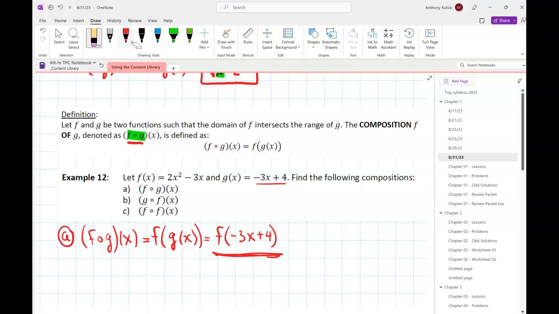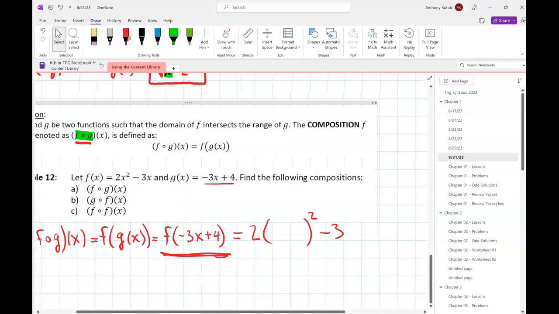So here we're going to replace all the x's with negative 3x plus 4. Exactly the same idea, right? Just following what function notation tells us to do. So if I look at f, I have a 2, and then there's an x squared, and I have a minus 3, and then an x.